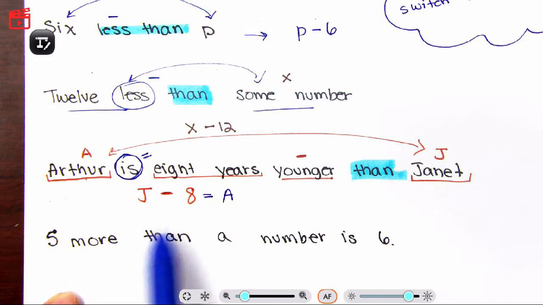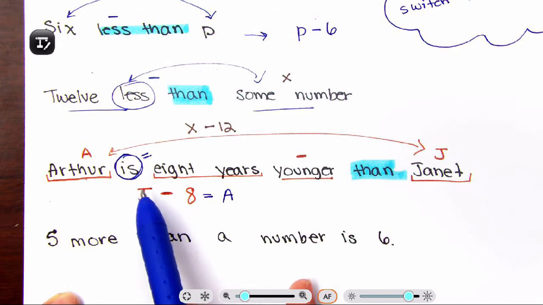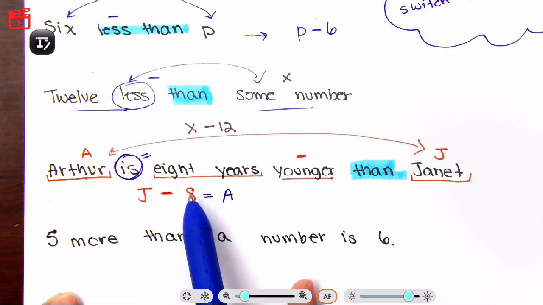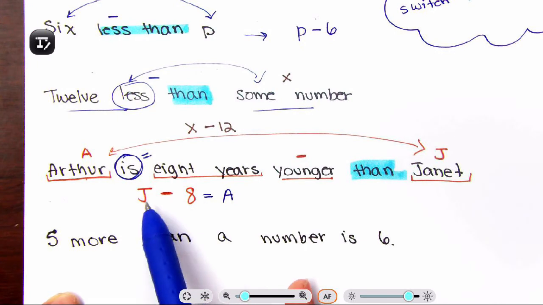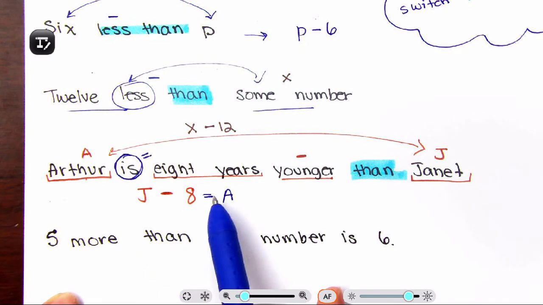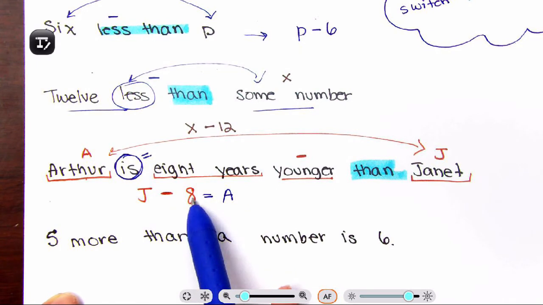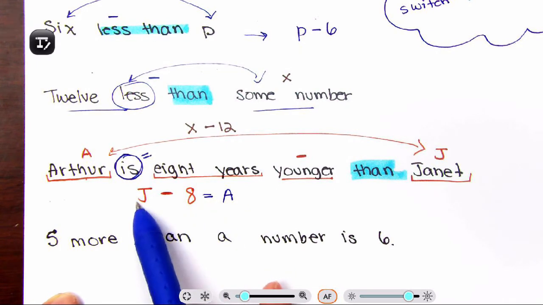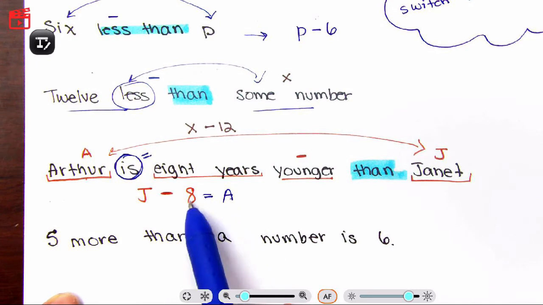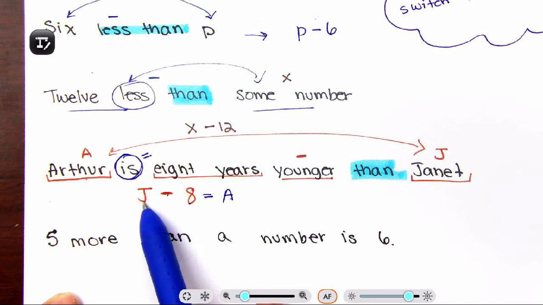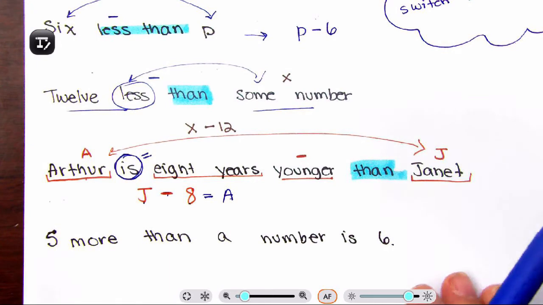So this is how I read it. Janet is however old. 8 years less than however old Janet is, is Arthur's age. So Arthur is 8 years younger than Janet. It's kind of backwards whenever you have them.